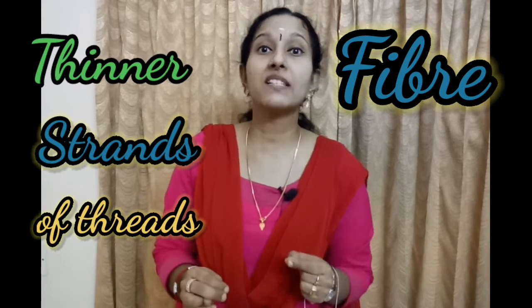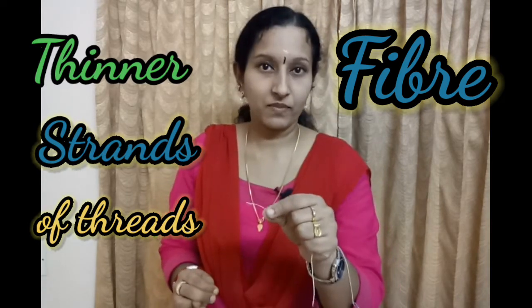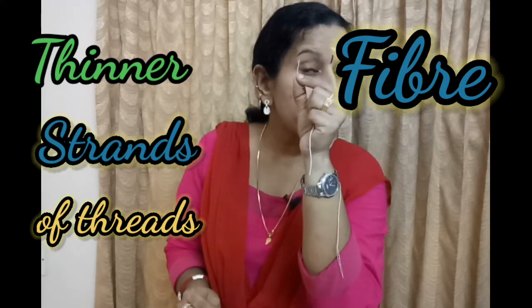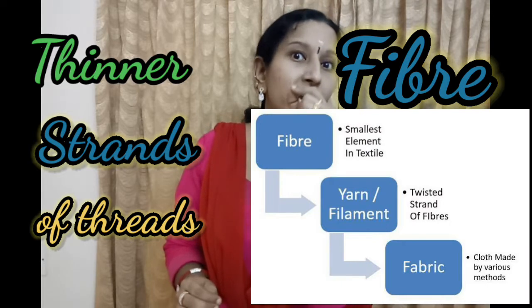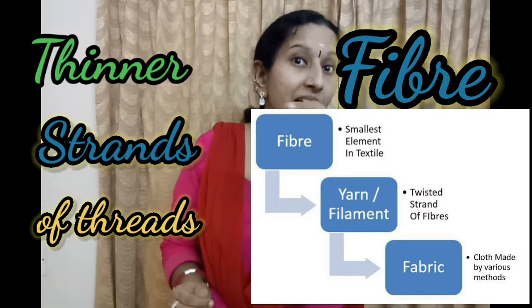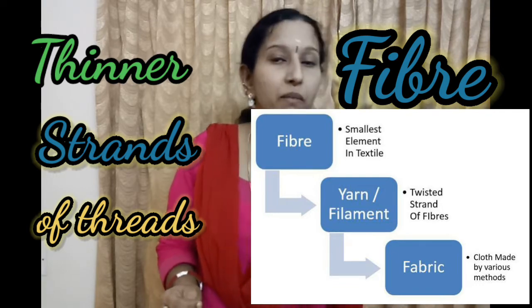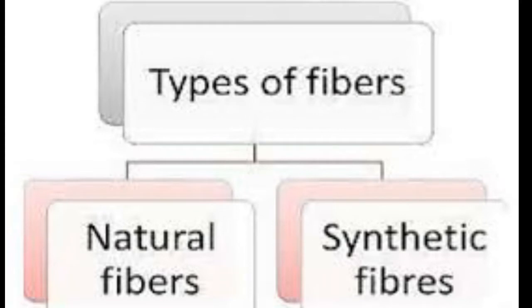The fabric is made from threads or yarns, and these threads again contain thinner strands known as fibers. We can divide these fibers into two: natural fibers and synthetic fibers.